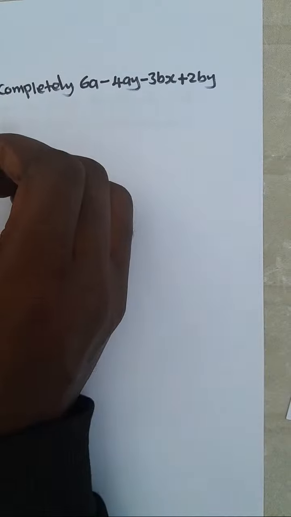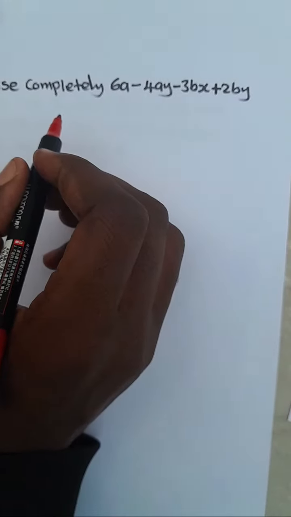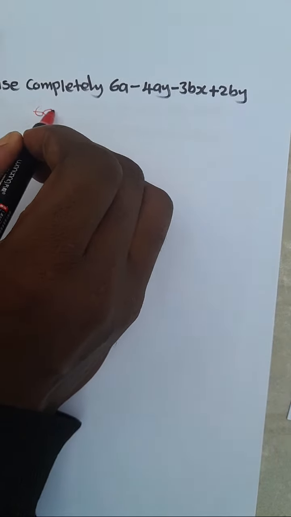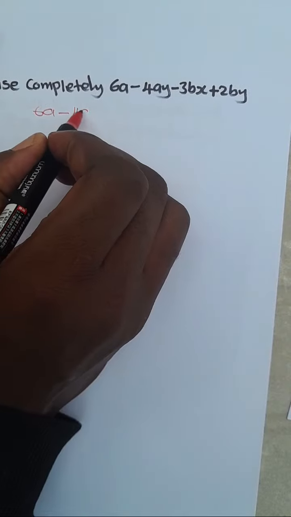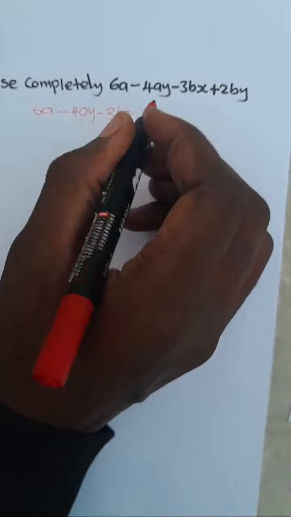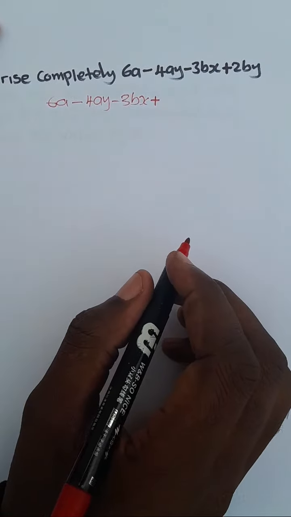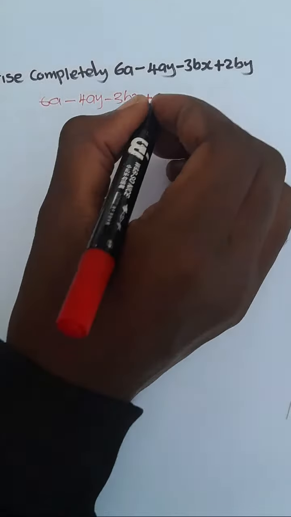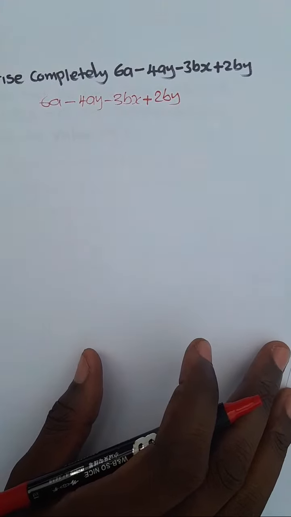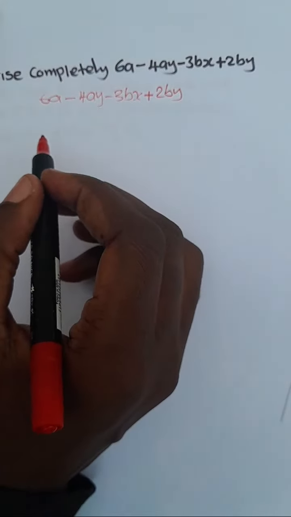Okay, so the expression that they want us to factorize completely is 6a minus 4ay minus 3bx plus 2by. All right, so this is the expression that they want us to factorize completely.